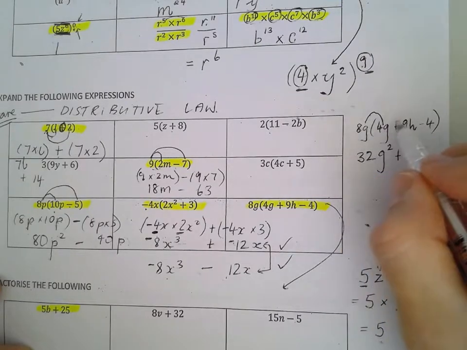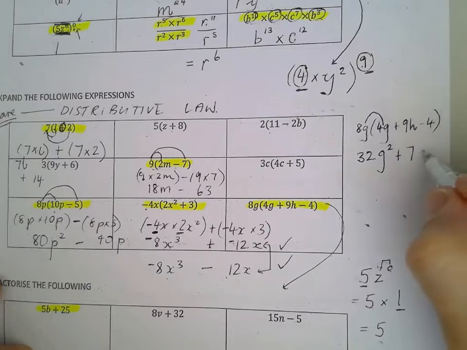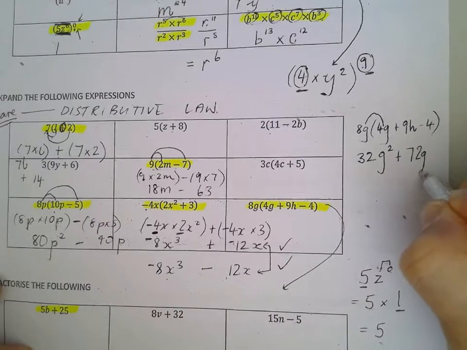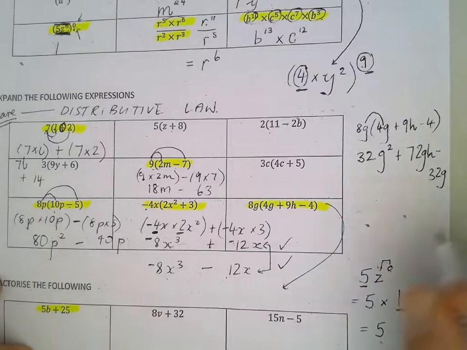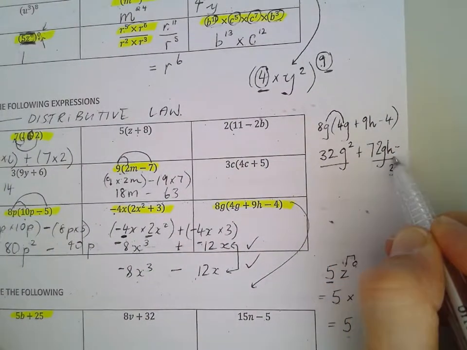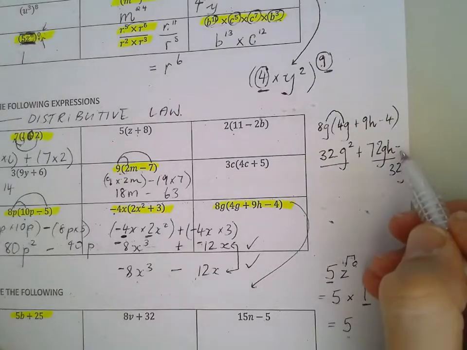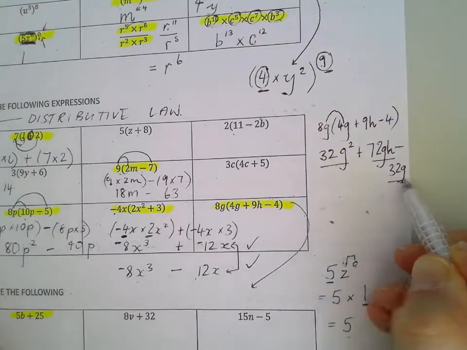Okay, 8 nines, 72gh. Take away 8 fours are 32g. Okay, so your answer is 32g squared plus 72gh. Take away, because of the takeaway here, 32g.